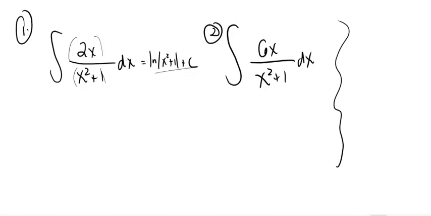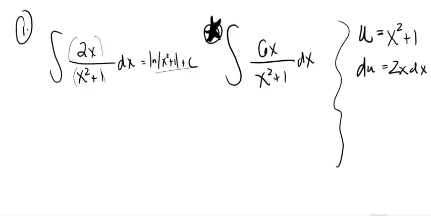Here's my method. So remember, I'll put a big star. I'm always going to let u, remember we do u substitution, u is always the input of my composite function. Well, now u is going to be my denominator, right? That is not a composite function. I mean, you could think of it as a composite function, 1 over x, but there's no operation on that denominator. So the general rule will be to let u be the denominator and then go from there.